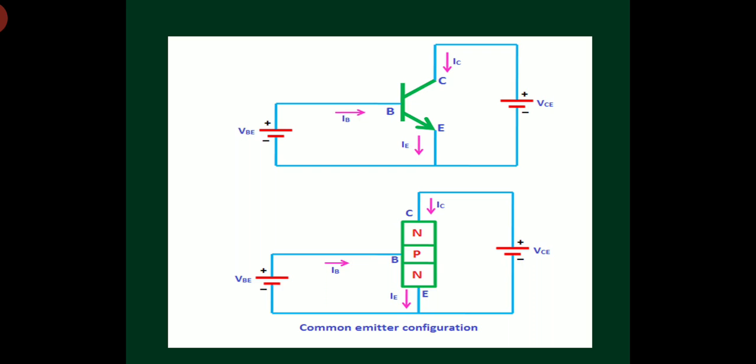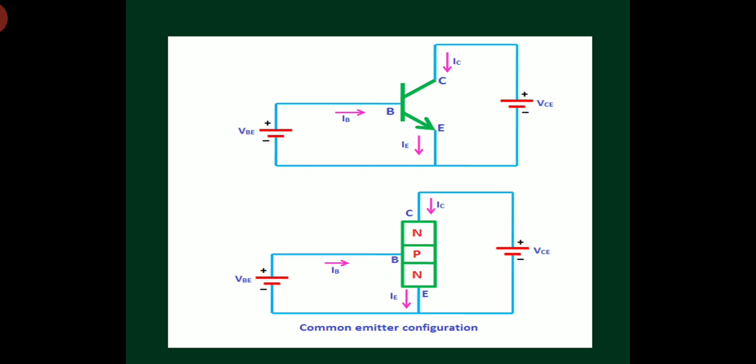Even if I use a PNP or NPN transistor, in common emitter configuration, emitter is grounded, base is the input terminal, and collector is the output terminal. So base and emitter form input terminals and collector and emitter form output terminals. The junction between emitter and base is called the input junction, and the junction between base and collector is known as the output junction.